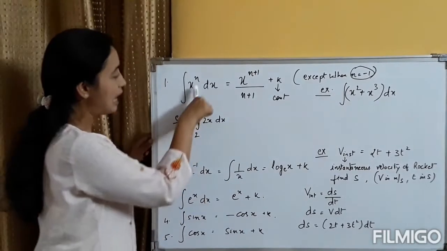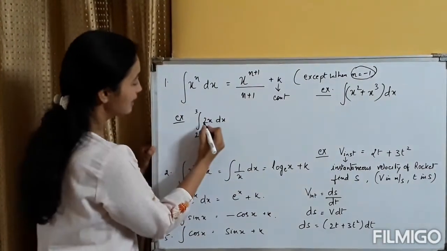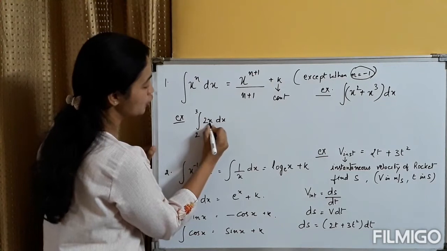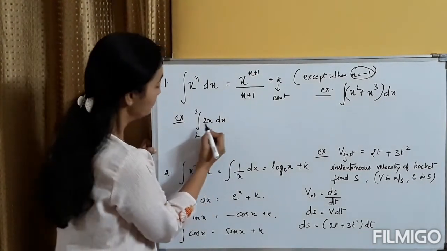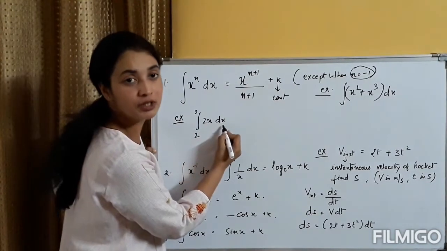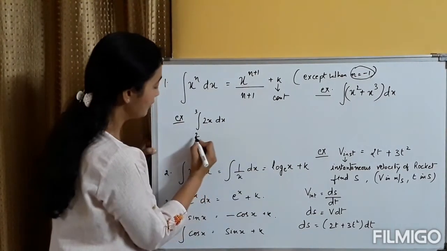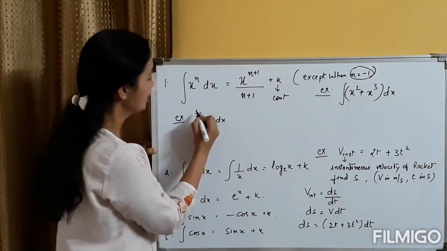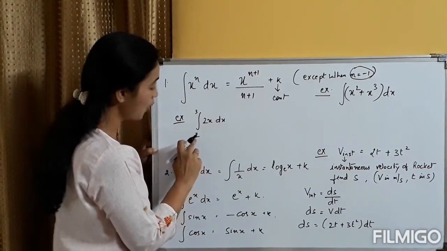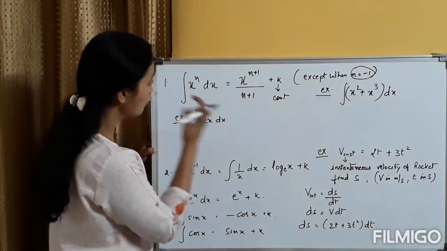So let us see an example based on this formula. The function is 2x and we have to integrate it with respect to dx, with limits 2 to 3. Remember, this is the lower limit, this is the upper limit. Now how to use this formula?